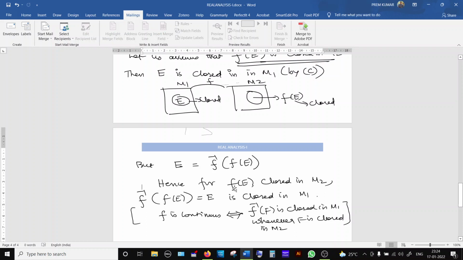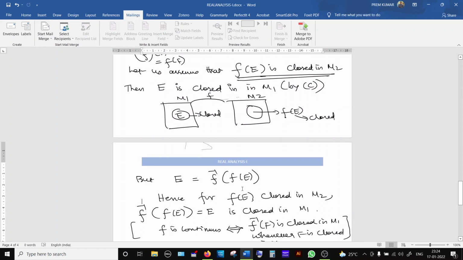Hence, we assume that f of E is closed. So for f of E closed in M2, the inverse image of this f of E is nothing but E, which is closed in M1.